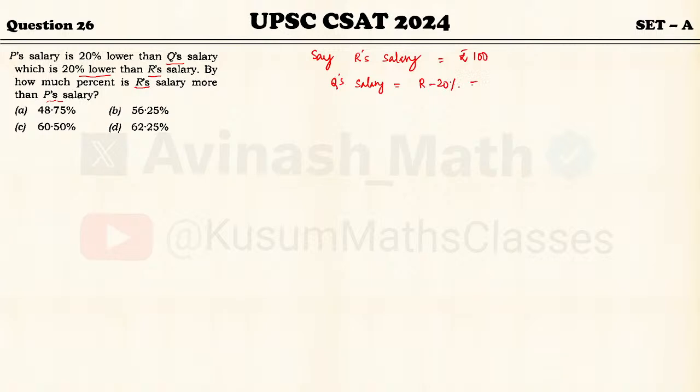R minus 20% means 100 minus 20%. It is nothing but 100 minus 20 is 80 rupees, right? Then P's salary is again Q's salary minus 20%, right? So this is Q minus 20%. Q is how much? 80 minus 20%. It is nothing but 80 minus 16, that is 64 rupees.